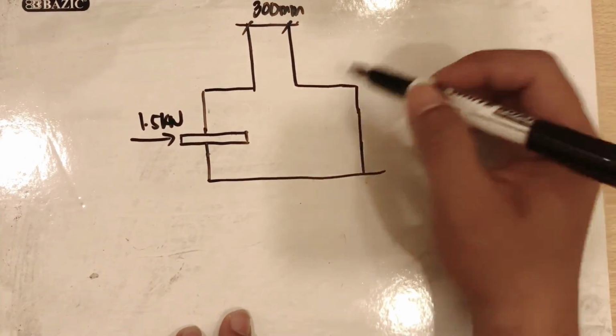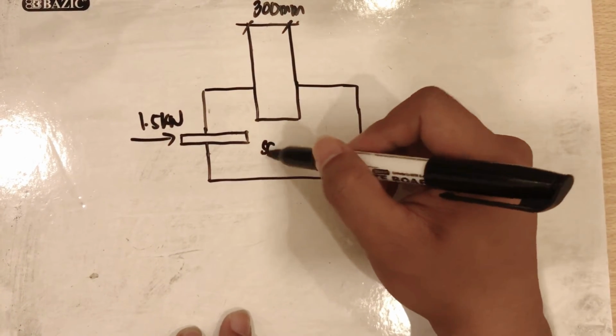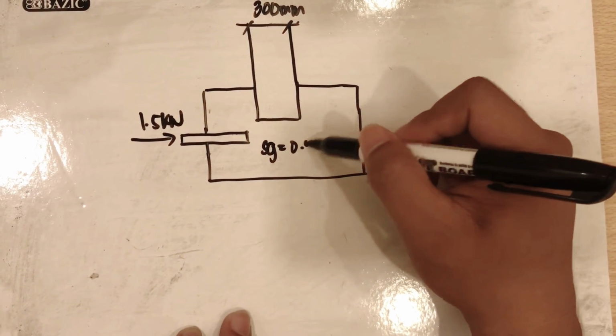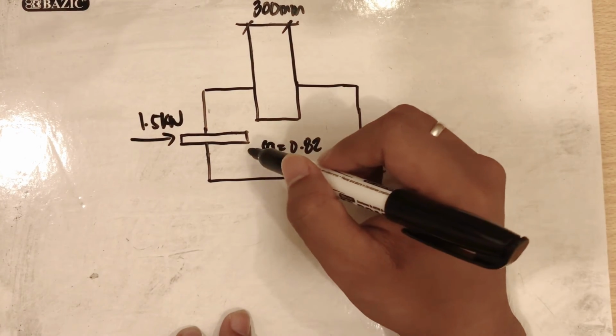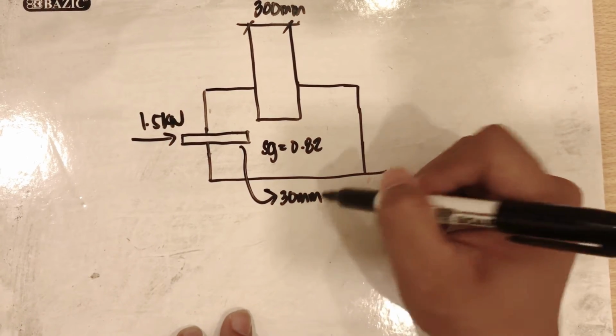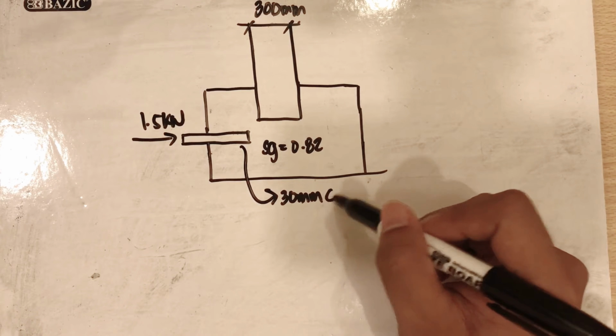Then sa loob ng piston, so we have a fluid which is an oil. So, SG is equivalent to 0.82. Then, ito daw, ang diameter nito is equivalent to 30 mm.